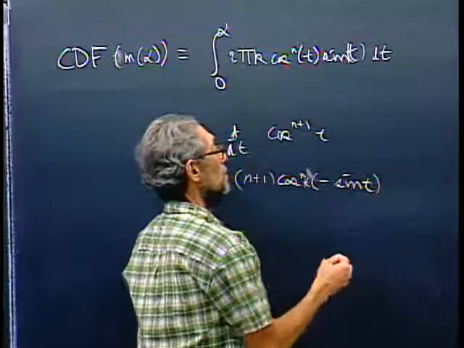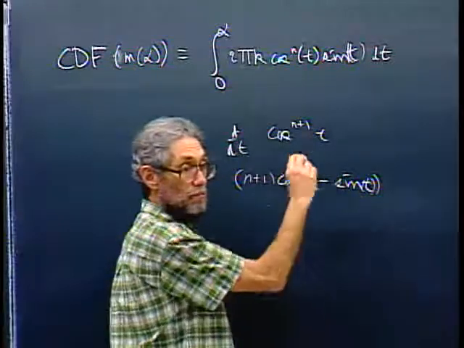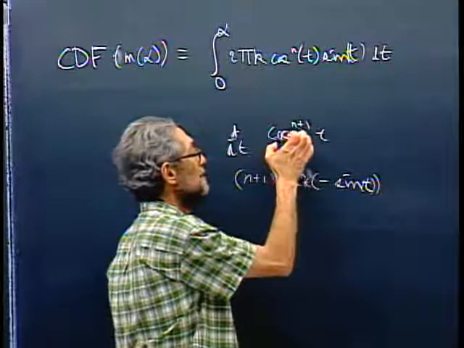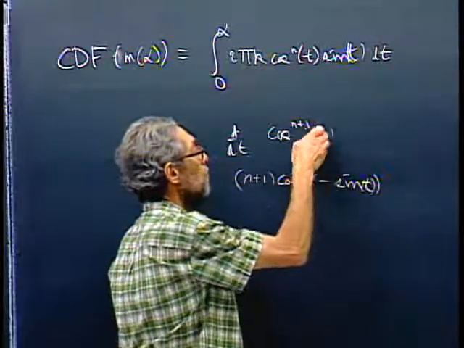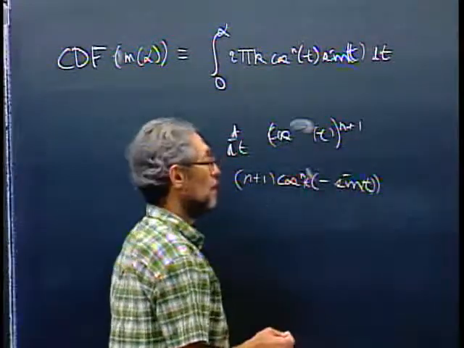Forgot my t's here. Really, this is cosine t to the n plus 1. That's another way of writing it.